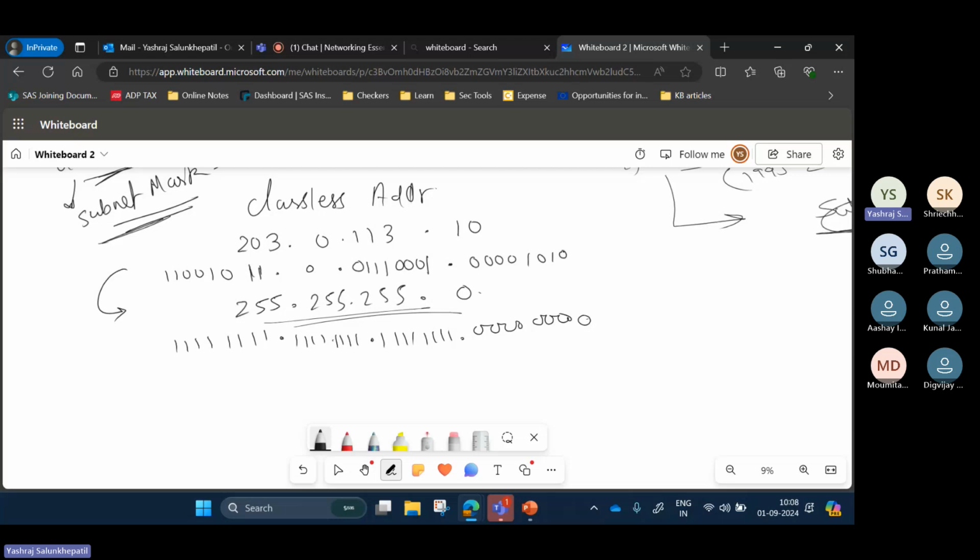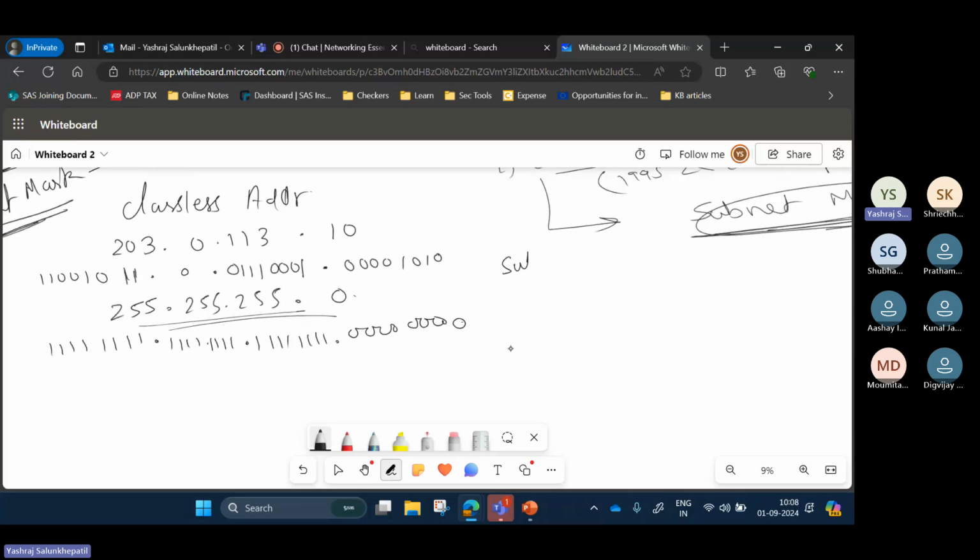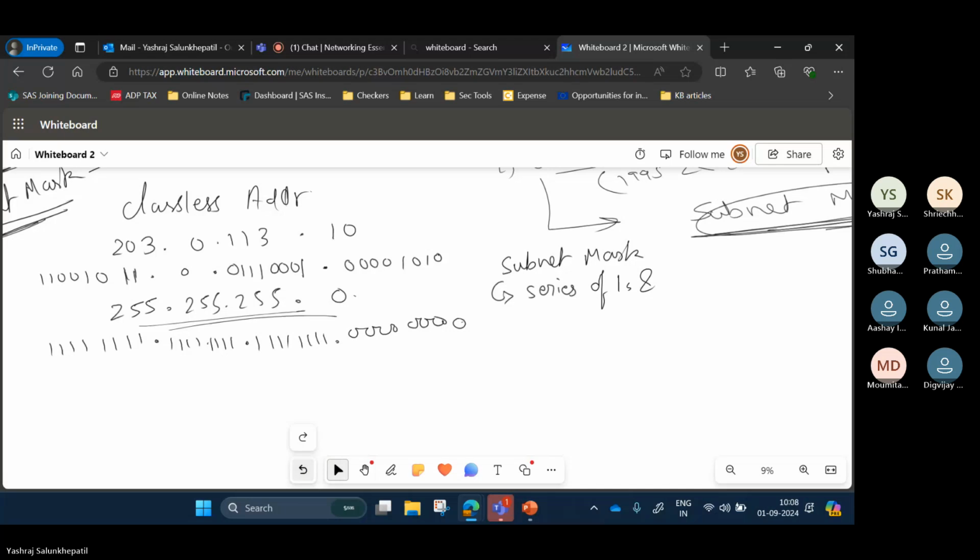First, I'll tell you what a subnet mask is. It is a series of ones followed by a series of zeros. ठीक है.